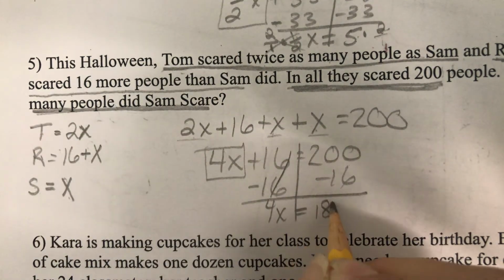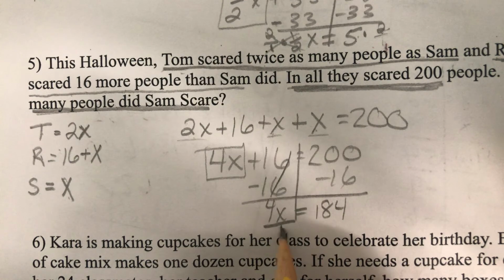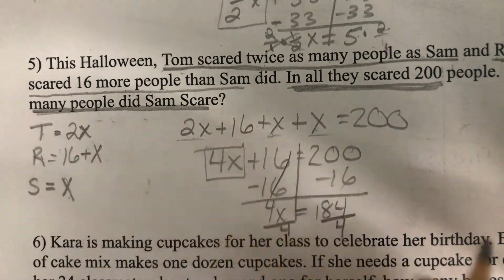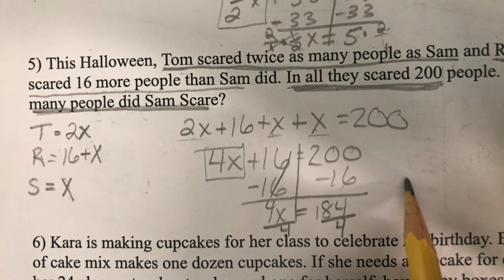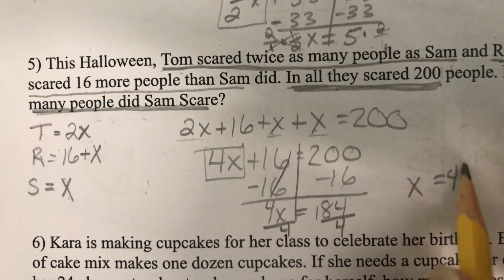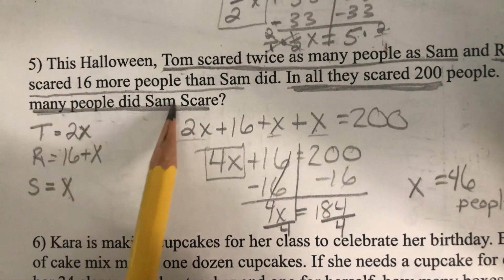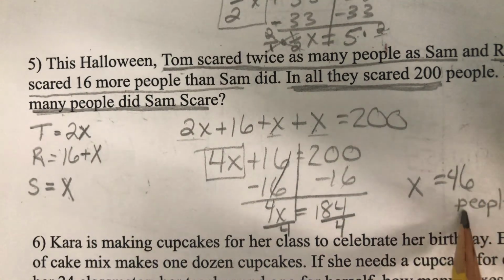I've got 184. Divide each side by 4. X is equal to 46 people. We're looking for Sam. Sam is X. Sam is 46 people.